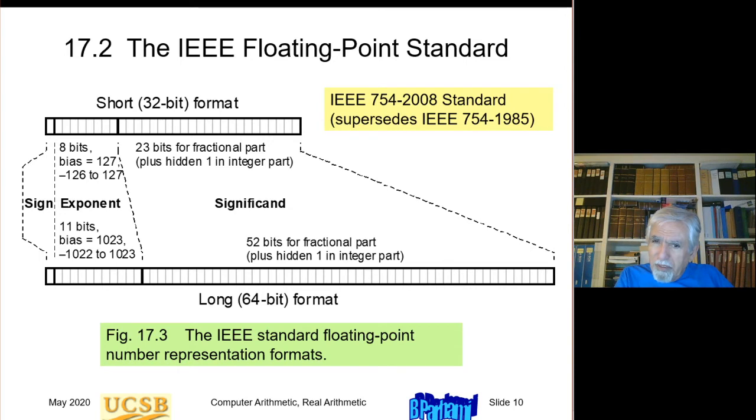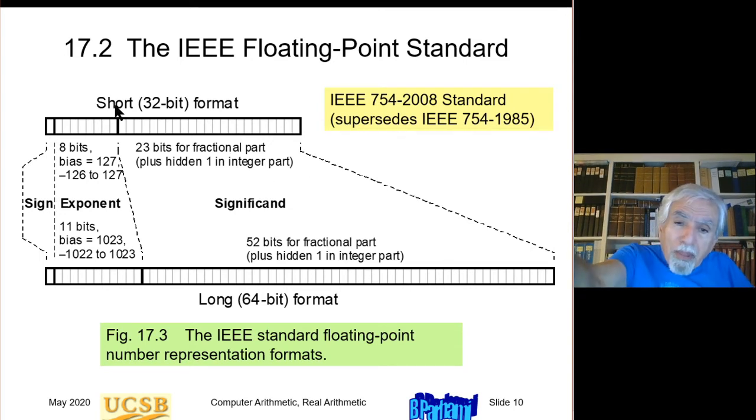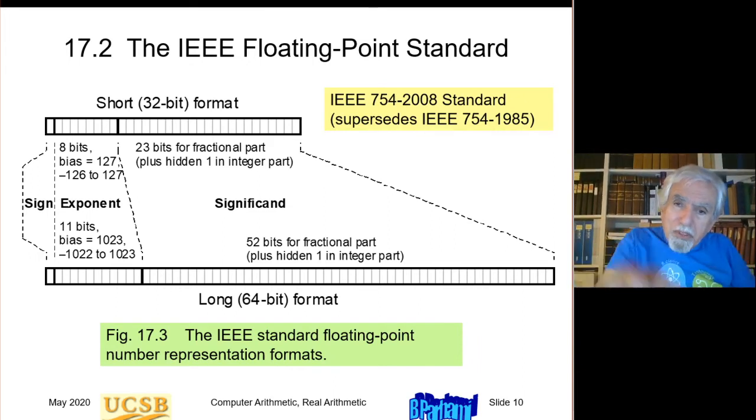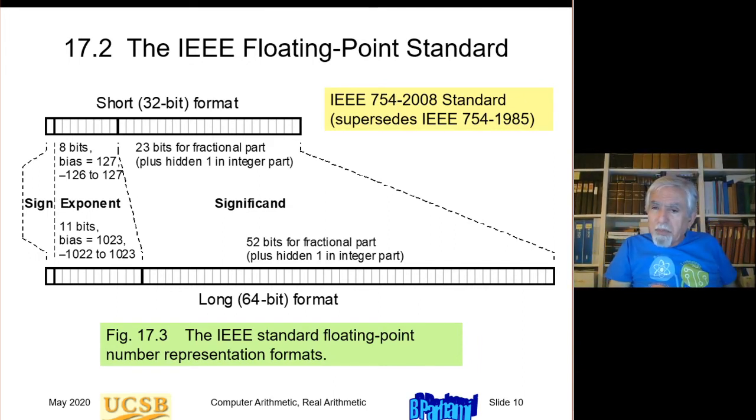So we have purposely left those two codes unused so that we can use them for encoding those special values, plus or minus 0, plus or minus infinity, and a few others. Then there are 23 bits for the fractional part of the significand, and there's a hidden one that is not shown. So the significand is always of the form 1 point something, and that something, 23 bits, is shown here.